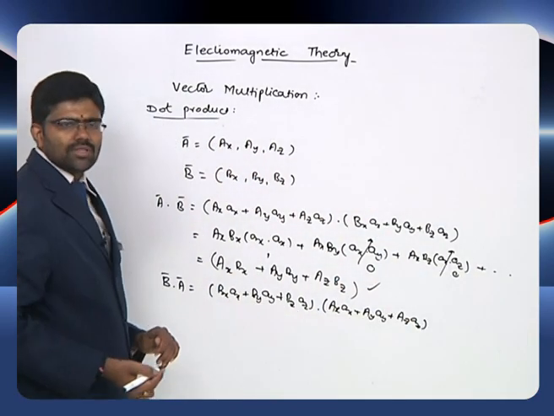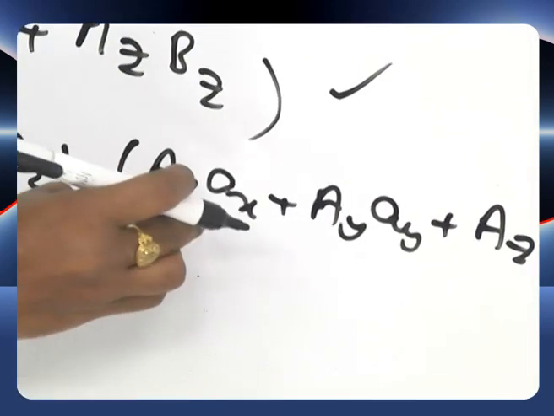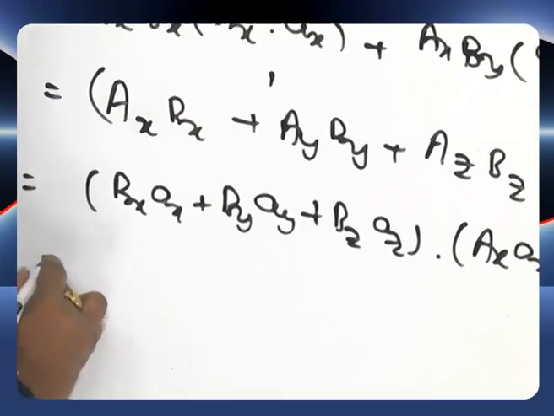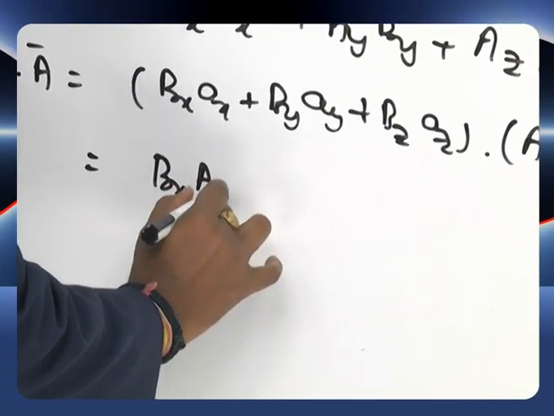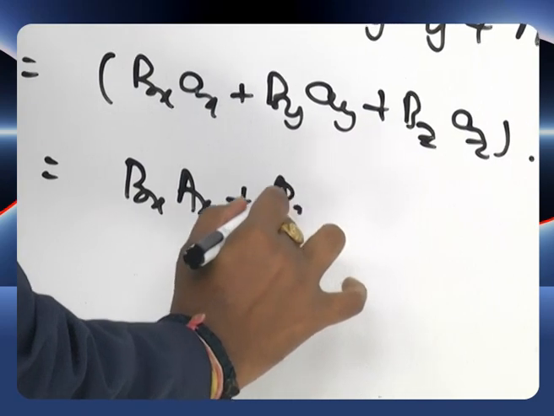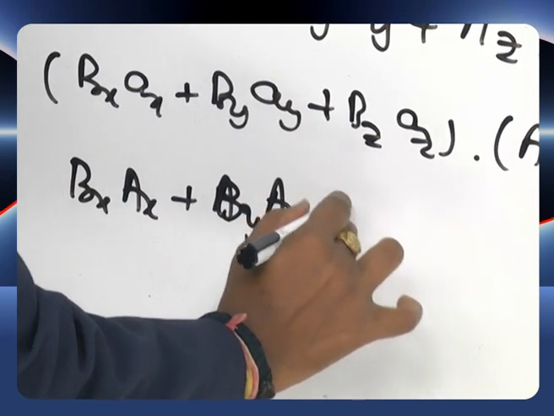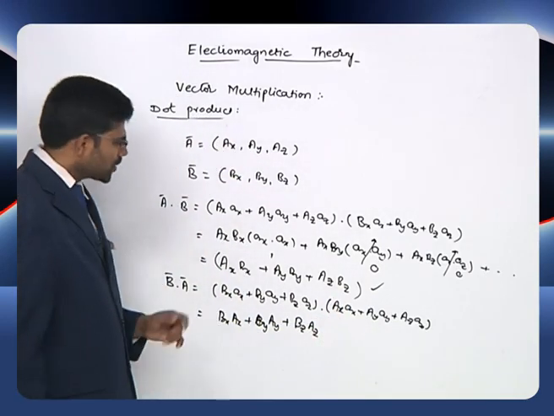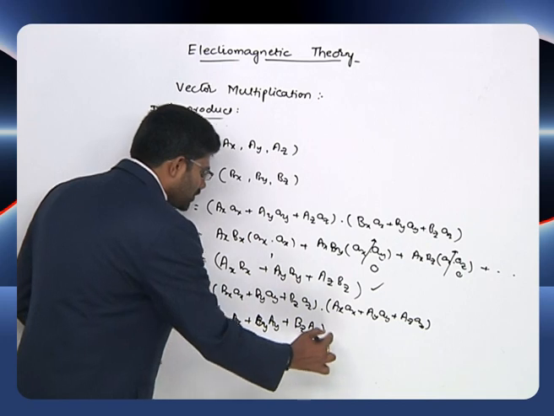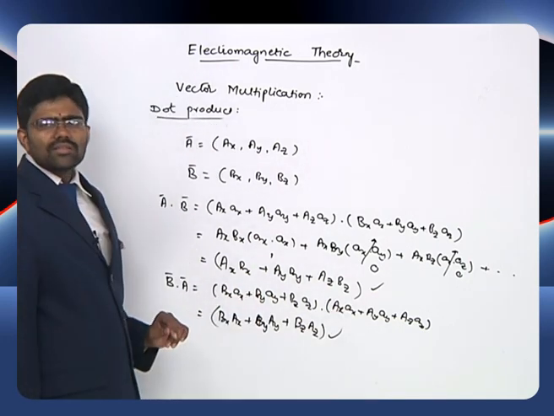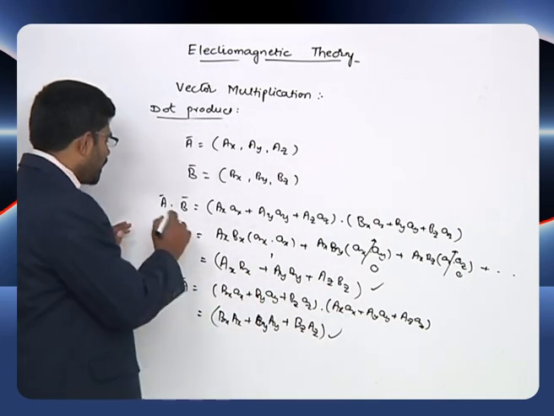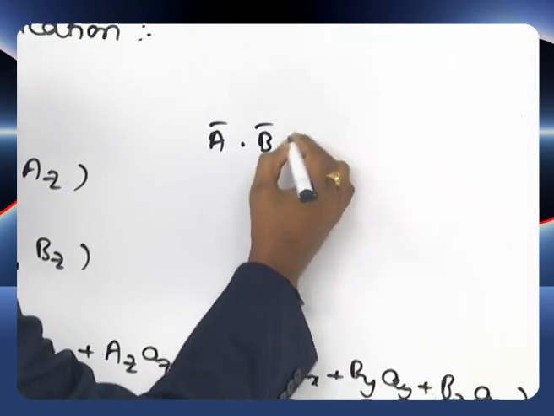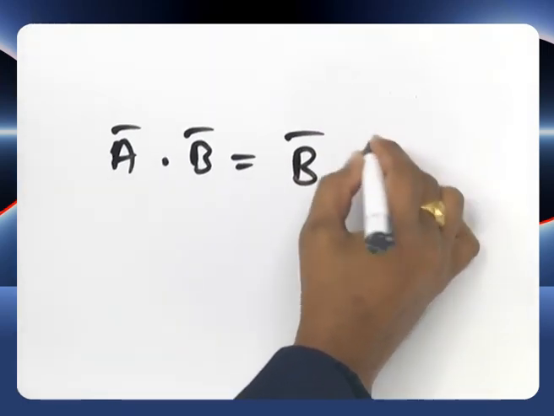Now just observe, bx multiplied with ax is the only term which remains if you take this product, and the remaining are by ay plus bz az. Just observe that this term and the term we got just now are the same. So what you can say is a bar dot b bar always equals b bar dot a bar.